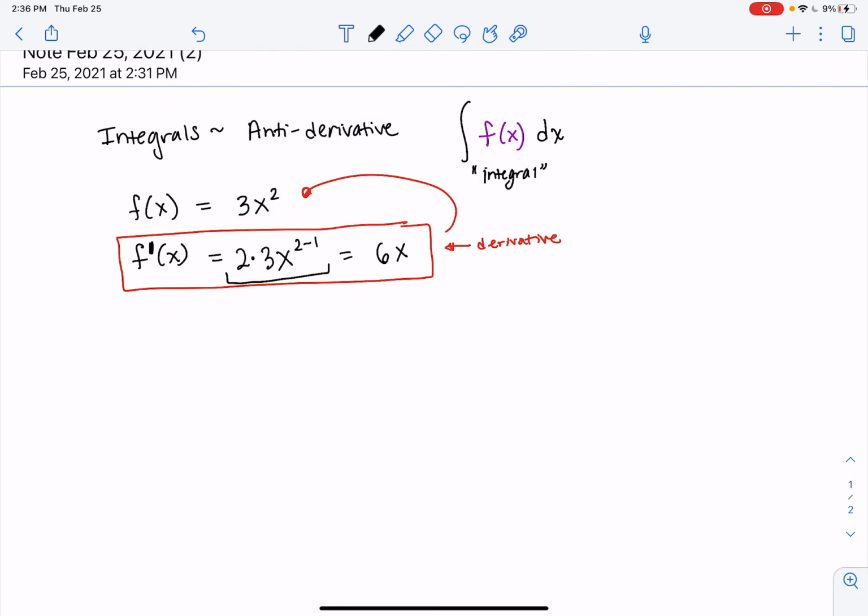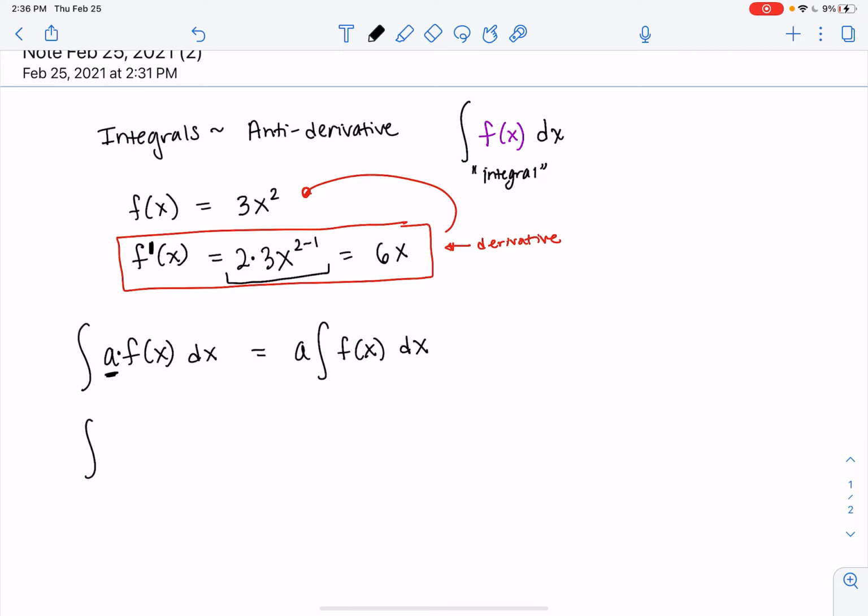So let's talk about some properties of integrals. The first property is that if you have a constant multiplier with an integral, you can actually factor that out. So the integral of a f of x dx is really a times the integral of f of x dx.